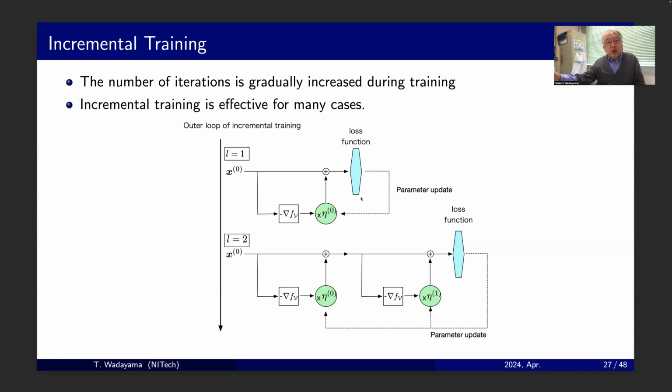So this figure shows the basic idea. At first, we start with gradient descent with only one iteration. And then we increase the maximum number of iterations by one. So in the second phase, we set the maximum number of iterations to 2.